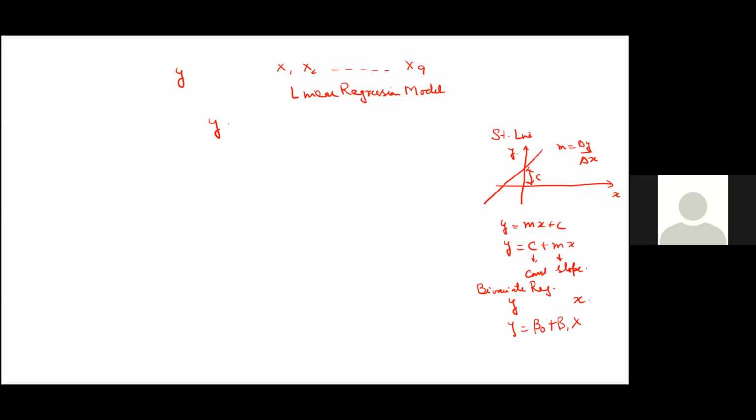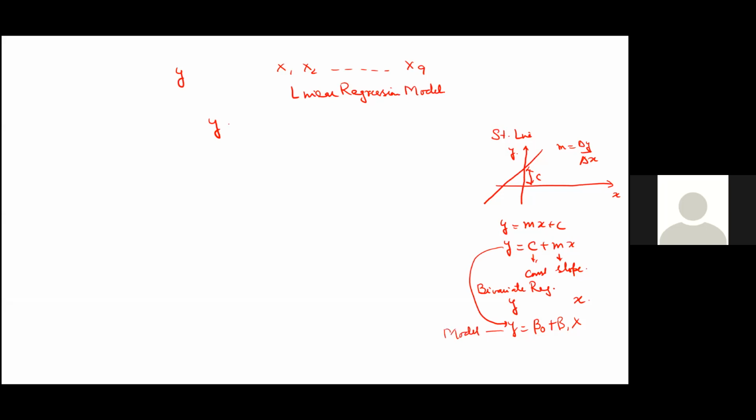This is similar to the earlier equation, and the two are approximately the same. Instead of c, we have used beta 0, which is a constant, and instead of m, we have used beta 1, which is the slope. So this is known as the bivariate regression model.